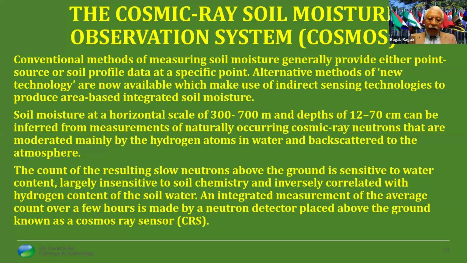The count of the resulting slow neutrons above the ground is sensitive to water content, largely insensitive to soil chemistry, and inversely correlated with hydrogen content of the soil water. An integrated measurement of the average count over a few hours is made by a neutron detector placed above the ground, known as the Cosmic Ray Sensor.